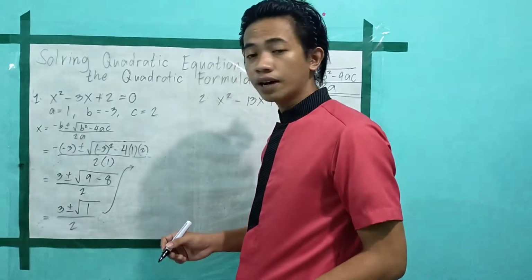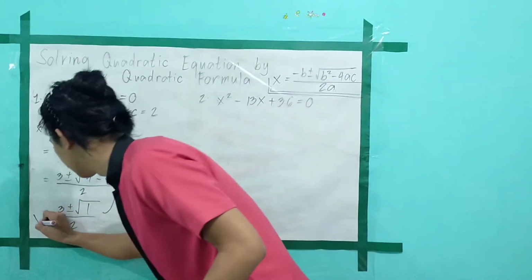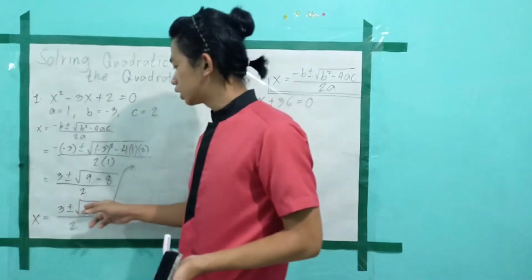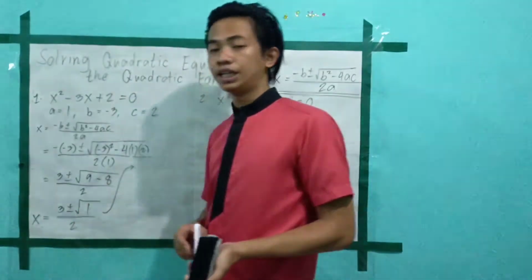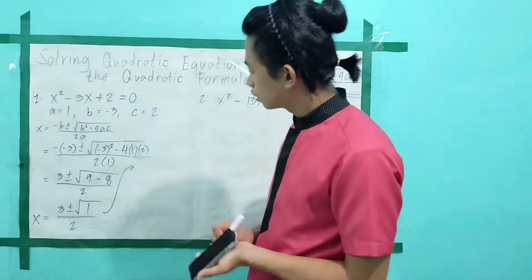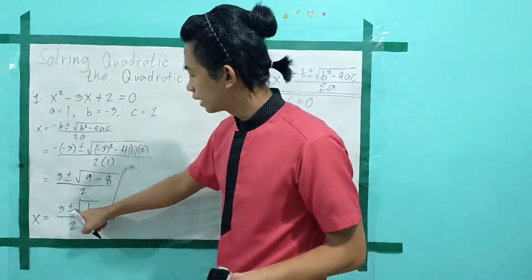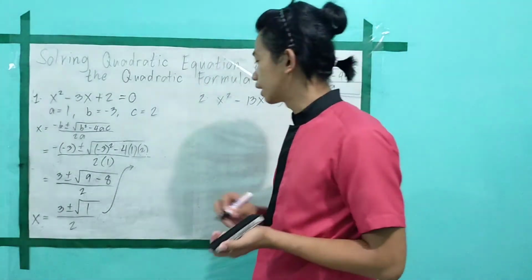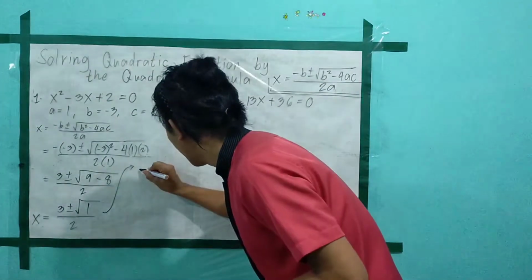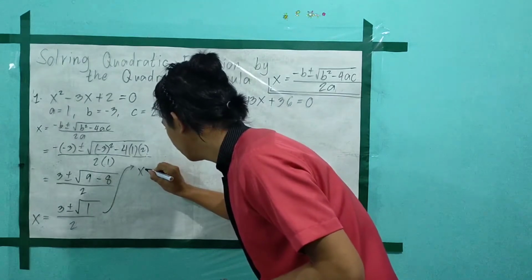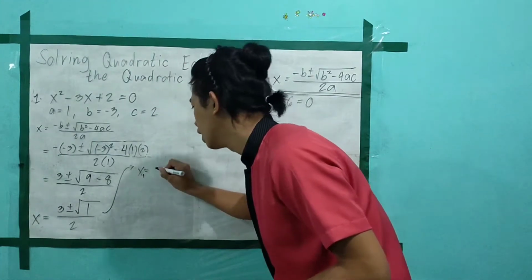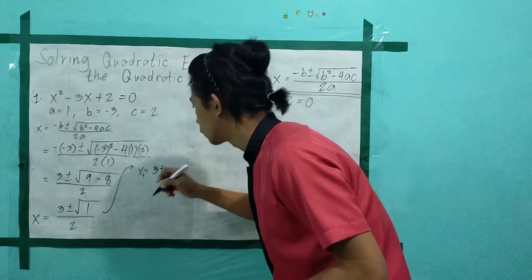Let's solve now for the value of x. So, ang x natin is equal to 3 plus minus square root of 1 all over 2. Okay, so solve na natin since meron tayong positive and negative doon. So, dalawa ang value ng ating variable x. So, we have x sub 1 muna. X sub 1 is equal to 3 plus square root of 1.